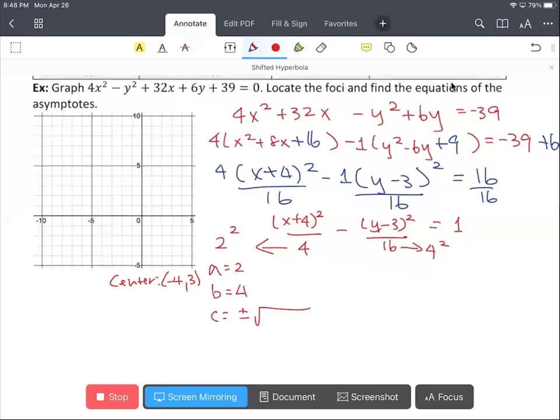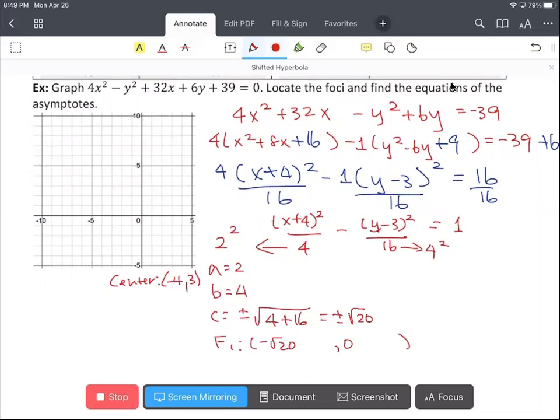So we can find our foci now using a and b, which is c equals plus or minus the square root of a squared, which is 4, plus b squared, which is 16. And this gives us plus or minus radical 20. Therefore, we can say that our foci will be F1 negative radical 20, comma 0 when it's not shifted, when the hyperbola's center is at the origin.